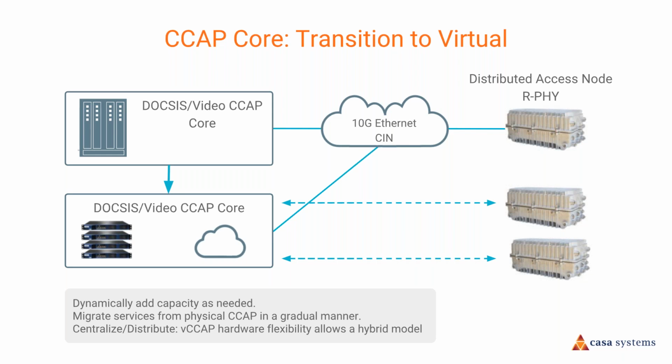And therefore, the core can actually sit in a centralized or a more distributed fashion. That's one of the advantages of this. Orchestration allows the transition to be as seamless as possible because you have the same model-based operations possible on both physical as well as virtual CCAP, which has been demonstrated by the Intraway Symphony. Next slide.